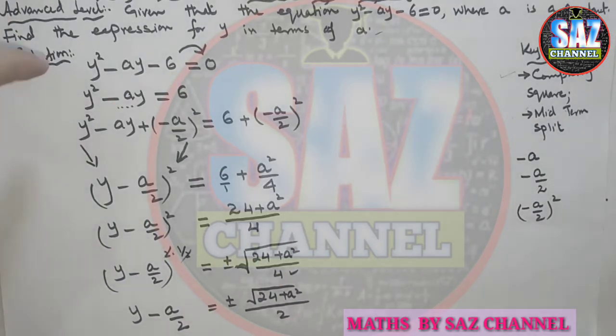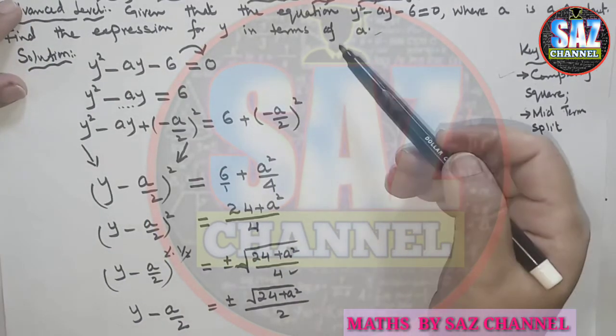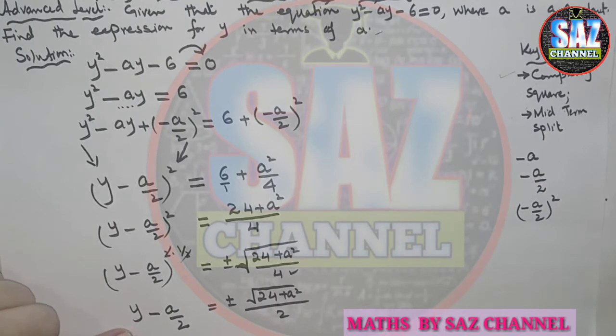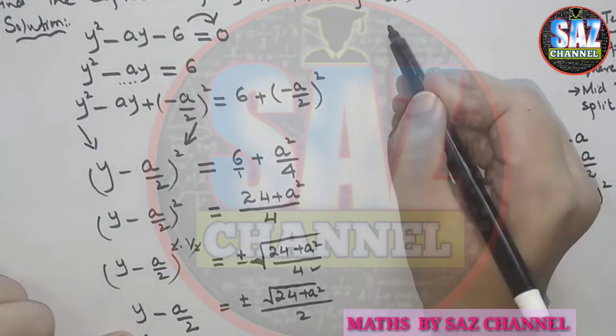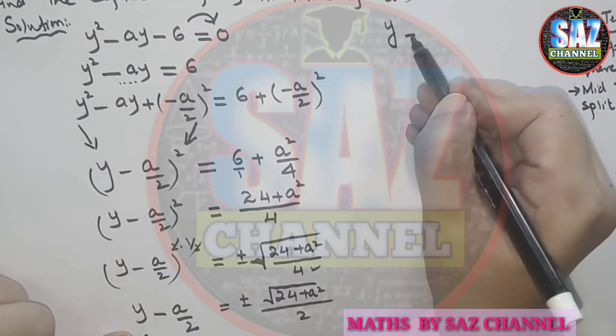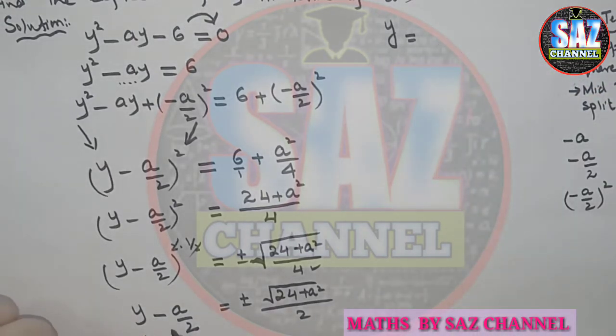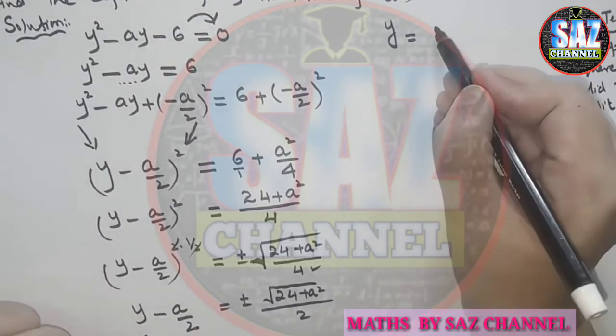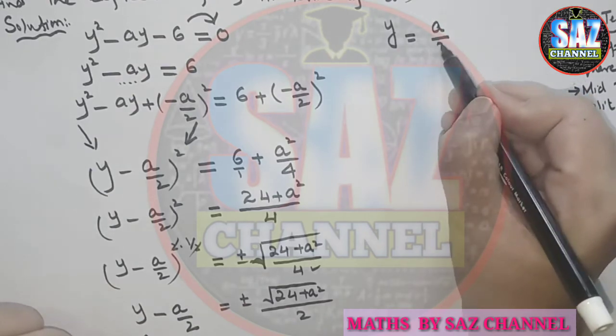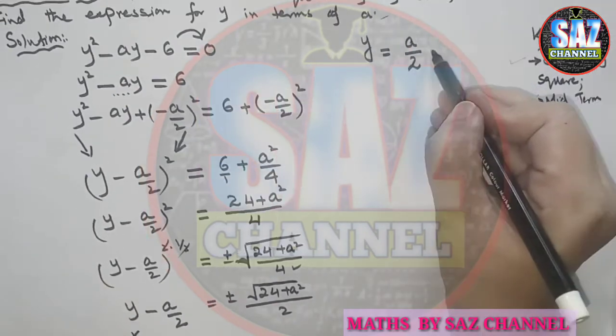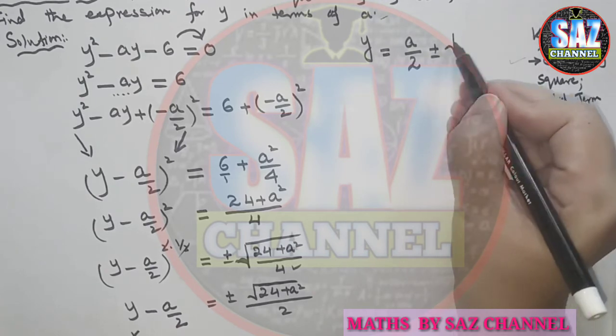Then the question says find the expression for y in terms of a. In order to get the value of y, I have to shift this a by 2 to the other side. As a by 2 has the negative sign, when I shift it to the other side, it will become a by 2 plus minus.